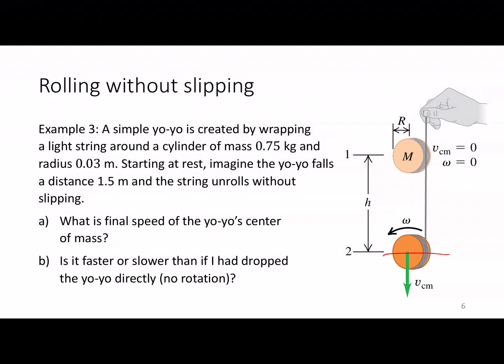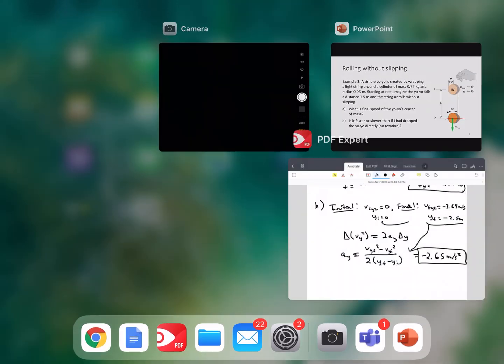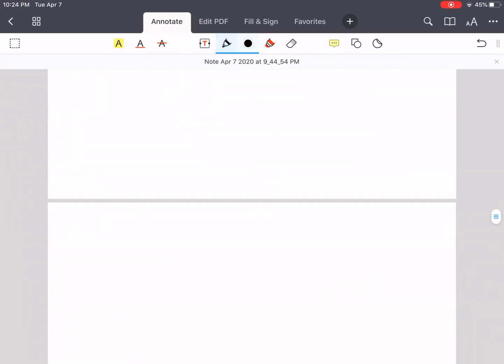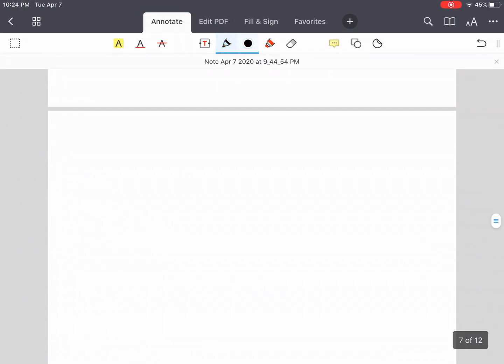All right, so I'm going to go ahead and assume that you've solved this one at this point. Let's go ahead and go over the answer together. So going back to our PDF, here is my primitive yo-yo. And now I'm not going to even bother drawing a free body diagram. We're just going to use conservation of energy from the get-go. Okay?